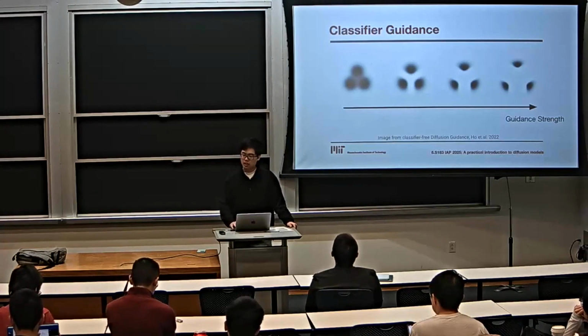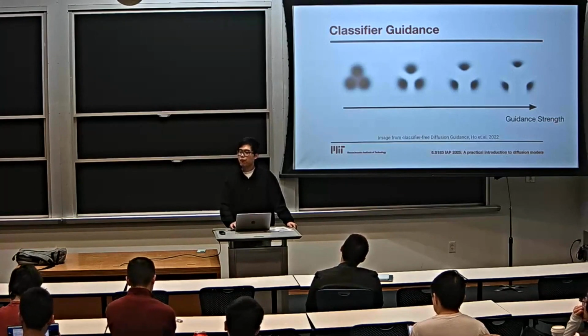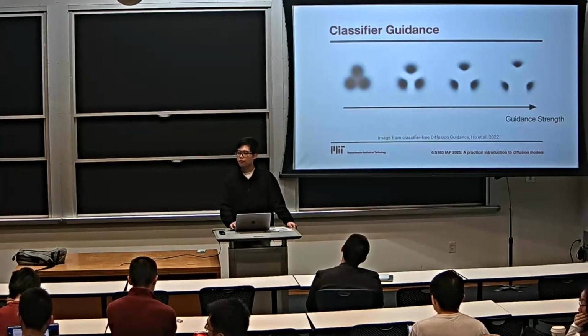Yeah. So let's say you want a condition so that you get an image that has a dog and a cat in it. I imagine that if you use classifier guidance, that might fall sort of in the middle of your image there on the left.